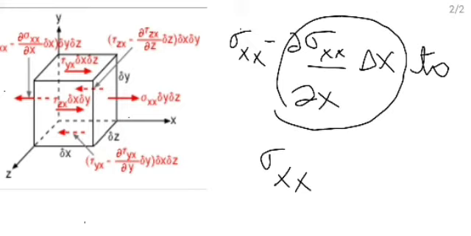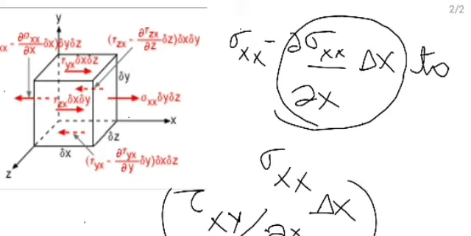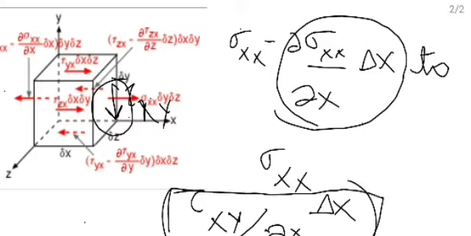This is the variation that has occurred. Similarly for other things, dou tau xy by dou x into delta x is the variation of shear stress. This is the shear stress tau xy. It has undergone a change of this much.